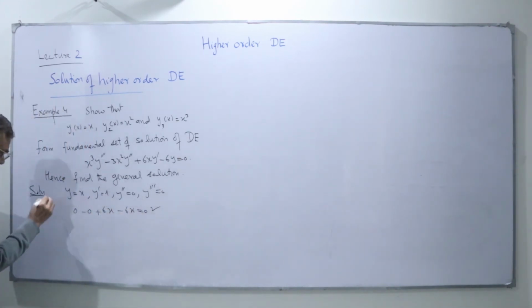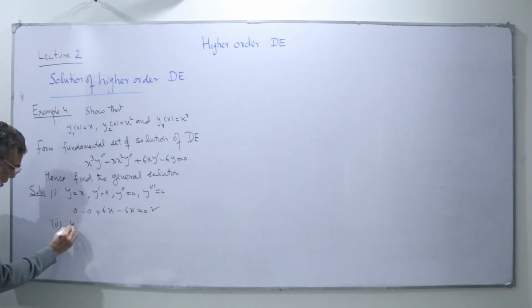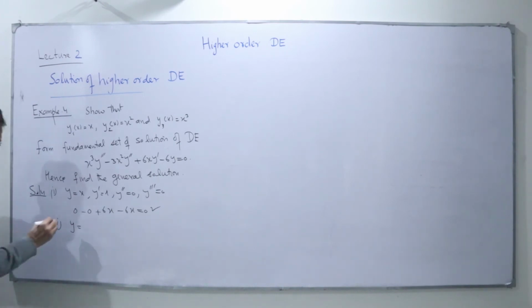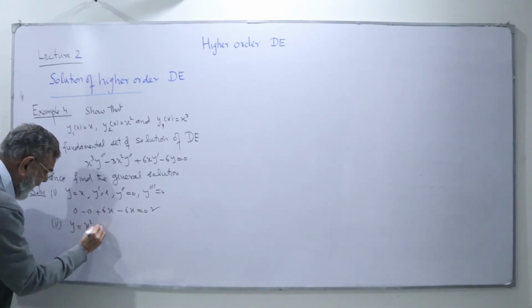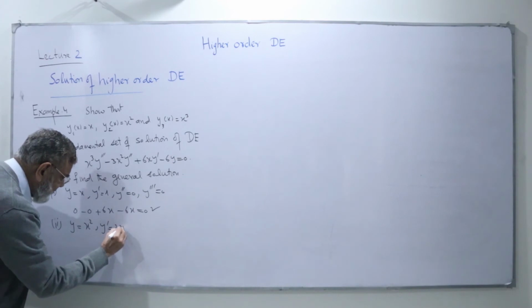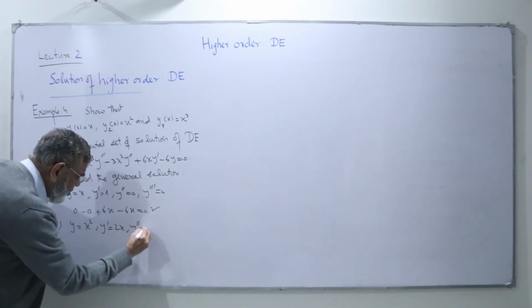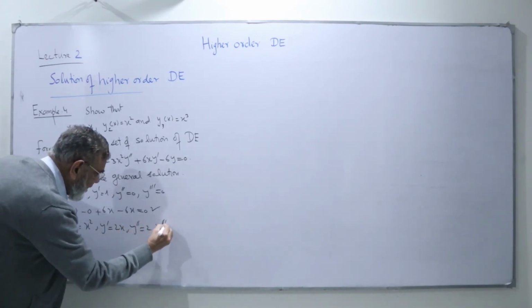This was our number one solution. Then we take number two, y2, which is equal to x squared. So y dash is equal to 2x, y double dash is equal to 2, y triple dash is equal to 0.